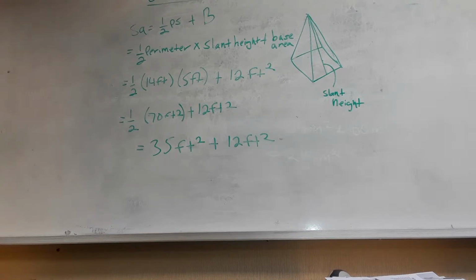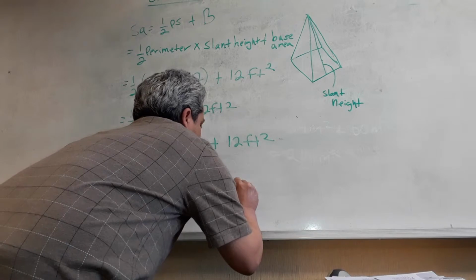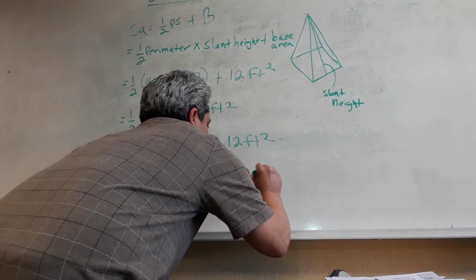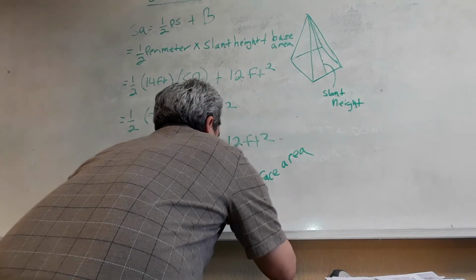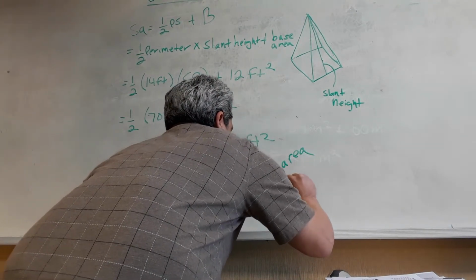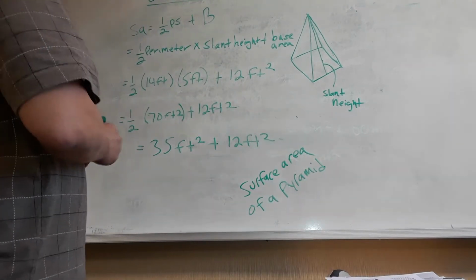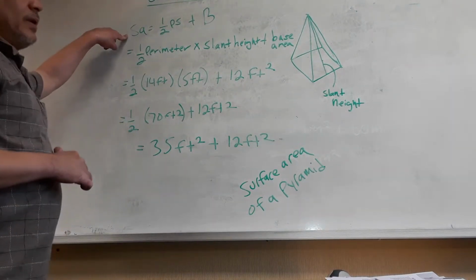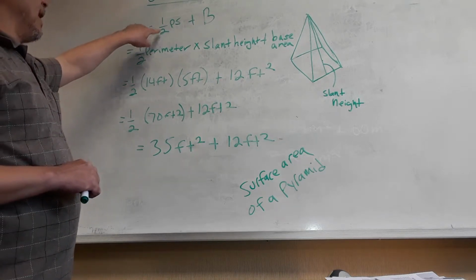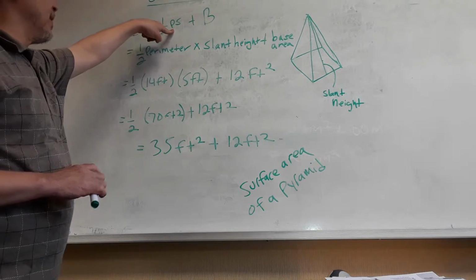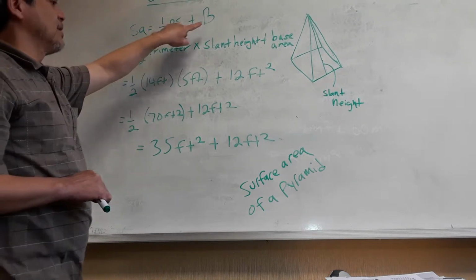Okay, so here we have the surface area of a pyramid. This is the formula for the surface area of a pyramid: 1/2 times the perimeter times the slant height plus base.